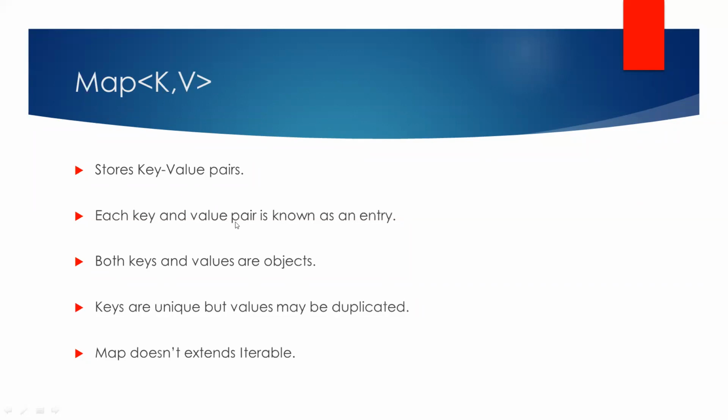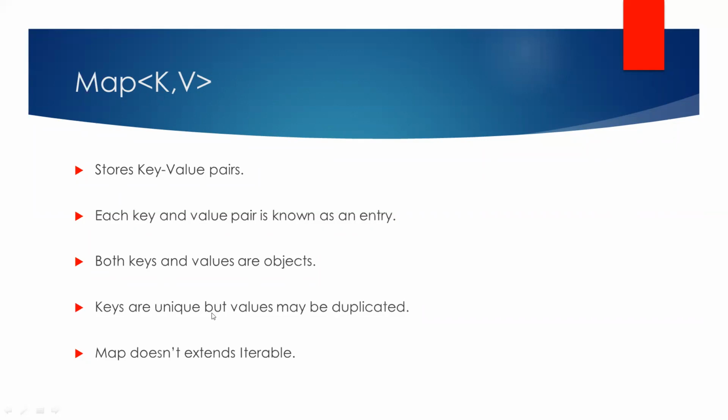So map stores the key value pairs. Each key and value pair is known as an entry. To add one entry, we will provide two things: one is key and the second one is the value. Both key and values are objects. Definitely, it's a part of the collection, so whenever you want to add any element into the map, that element must be an object.